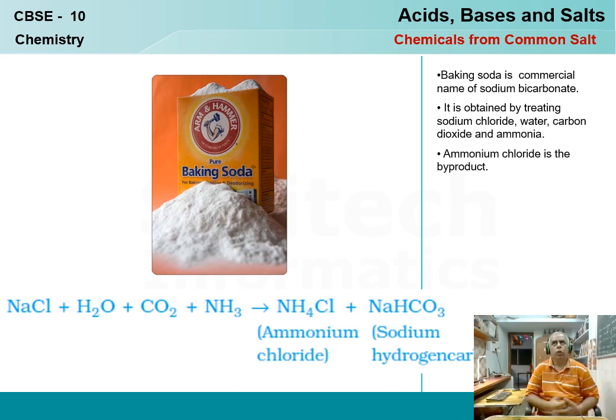So, you know the use of baking soda. It is useful in bakery. So you are able to get fluffy cake and biscuits. While we bake, what happens along with this baking powder?